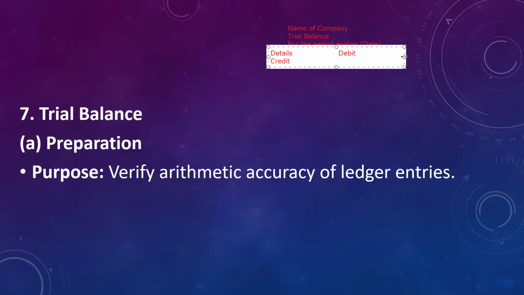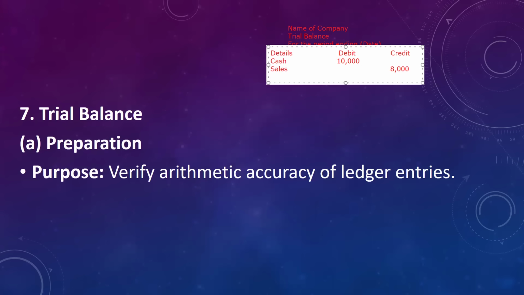Under details, you'll put the name of the account, cash for example, and then under debit or credit, you'll put the balance brought down. And you'll keep doing that, listing out all of the accounts. And when you finish, the debit side should be equal to the credit side.